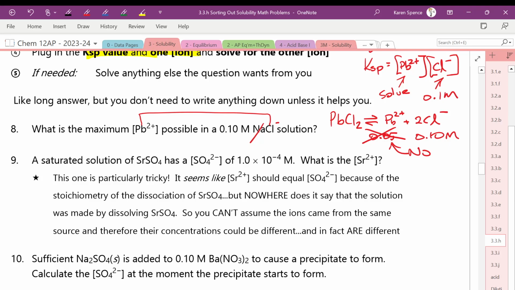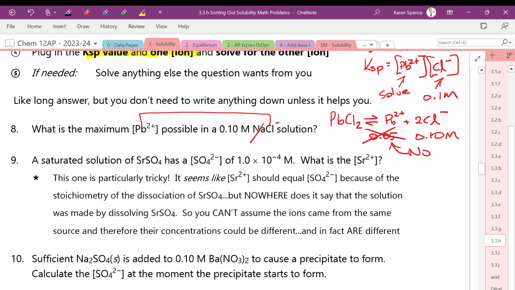Number 9. Doesn't it sound like we've done dump and stir here? Right? They're trying to trick you into thinking you have dumped and stirred here, but there is no reason to assume that.